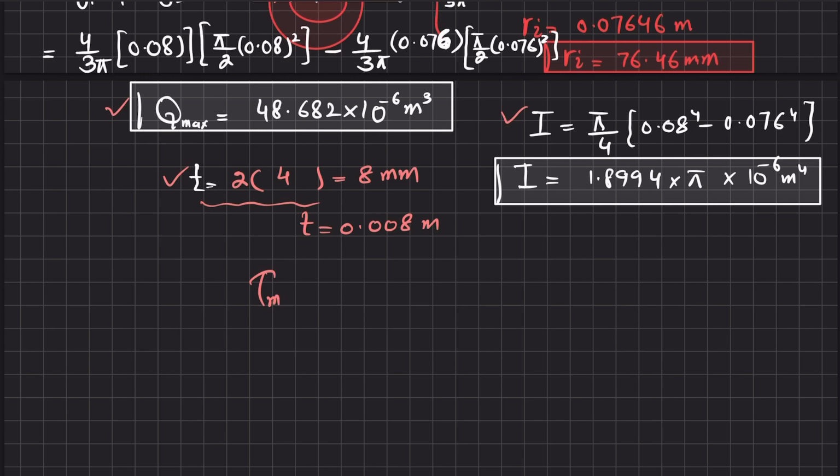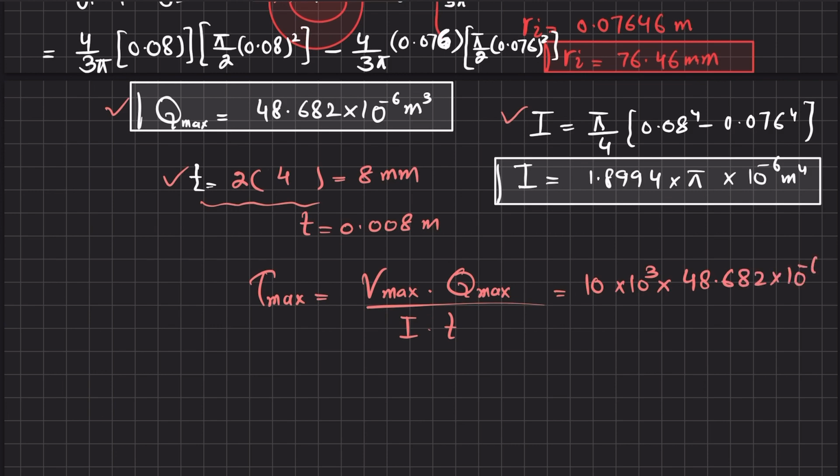So maximum shearing stress is equal to maximum shear force into Q max divided by I into T. So maximum shear stress is 10 into 10 raised to the power 3, times Q, which is 48.682 into 10 raised to the power minus 6, divided by I, which is 1.8994 times pi into 10 raised to the power minus 6, multiplied by thickness, which is 0.008.